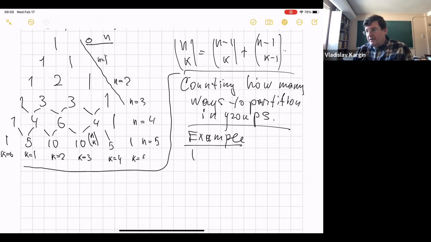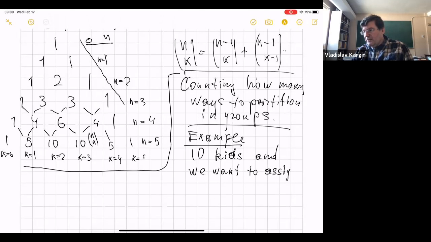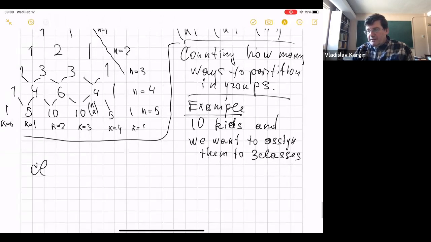We have, say, 10 kids, and we want to assign them to 3 classes. Class A has, say, 4 vacancies.